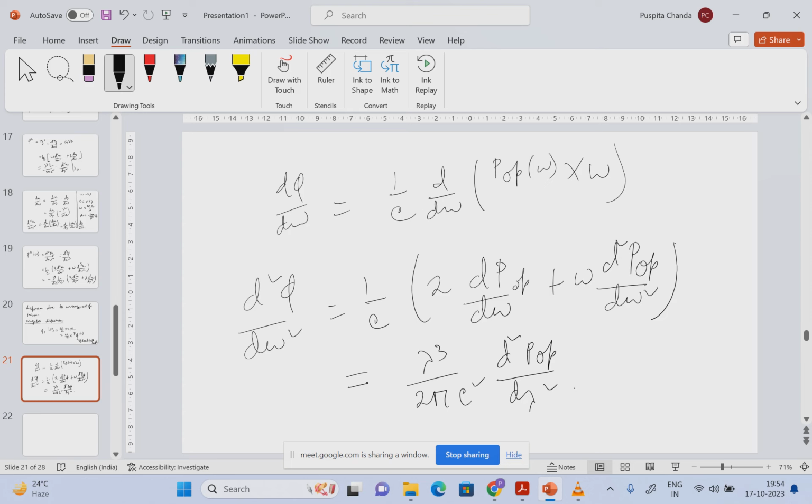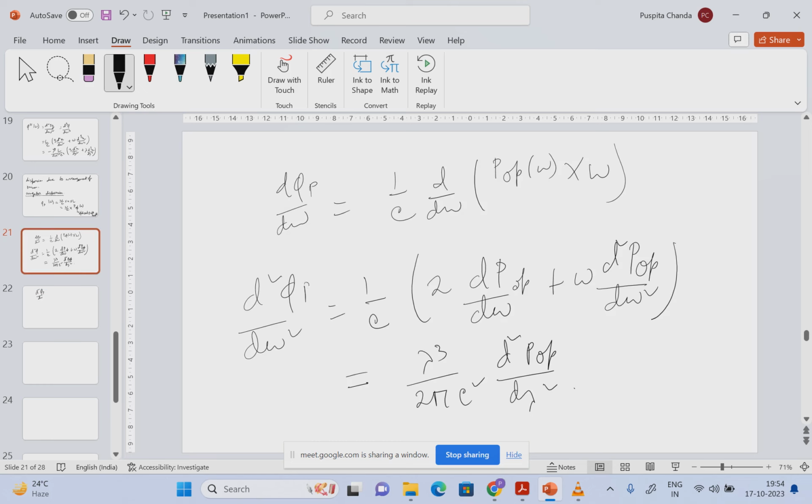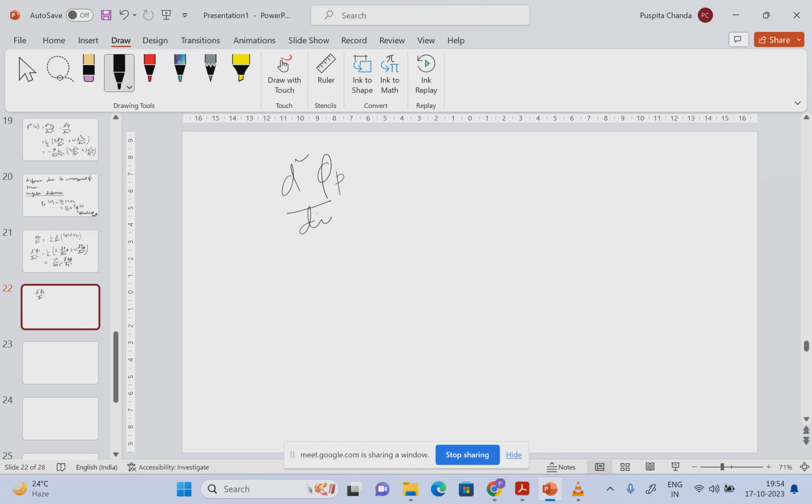lambda cube by 2 pi c square, d square P optical by d lambda square. When we write it, d square phi p becomes minus 4 L p lambda cube by pi c square, dn by d lambda whole square.